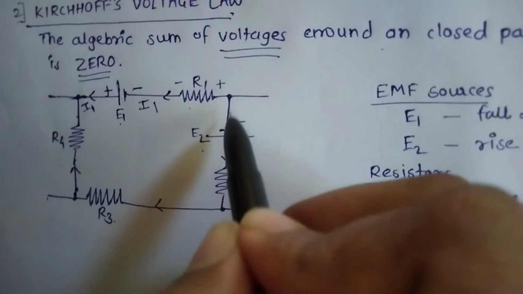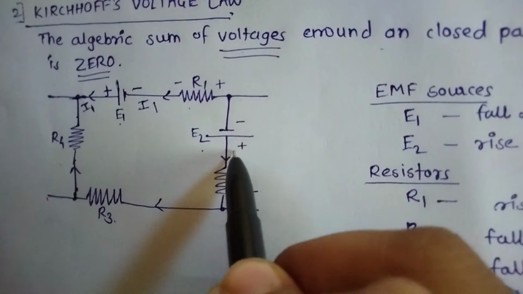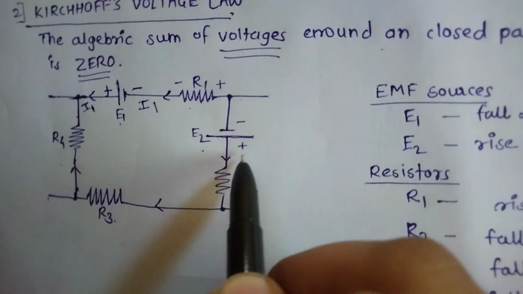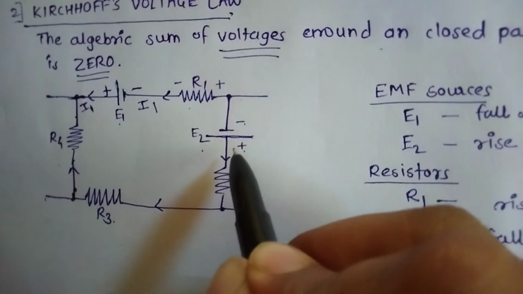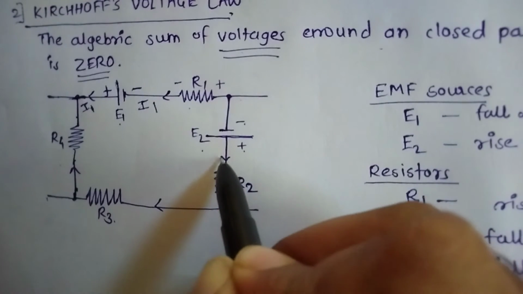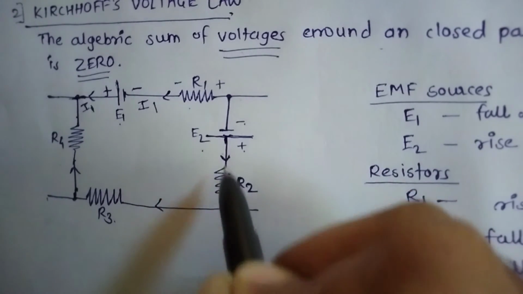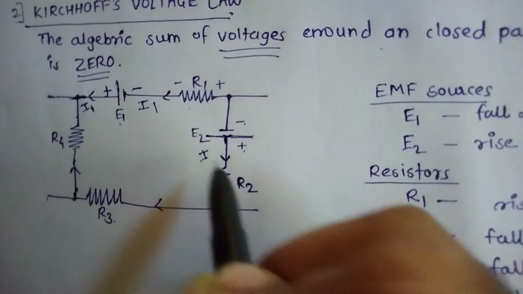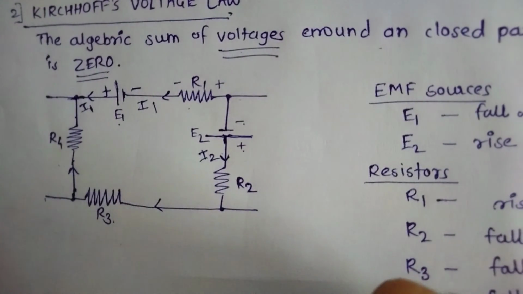So next consider this line. Here the sign is, this long straight line is positive, the small straight line is negative, so voltage is decreasing. And current is flowing from the positive side of the EMF, so we can say the current flowing through this line is I2.